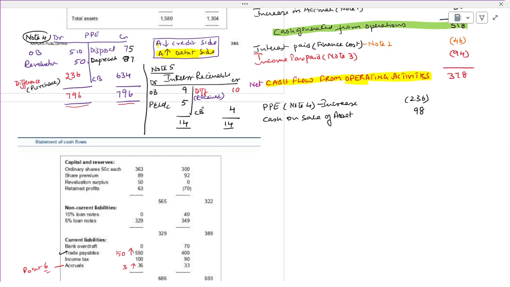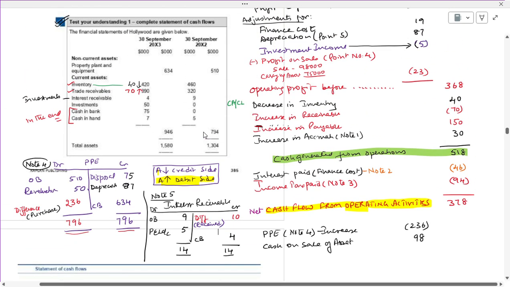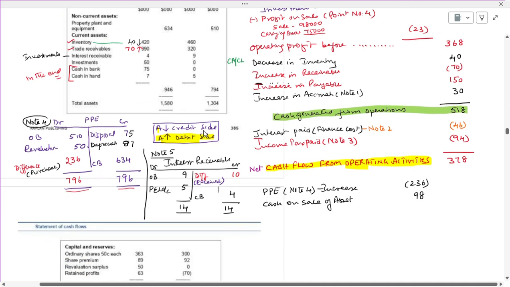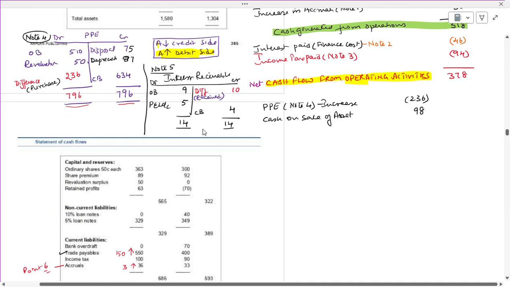Is it right? Means in the beginning we will deduct the income, but in investing activities, is it right? In investing activities, we will add interest on investments.